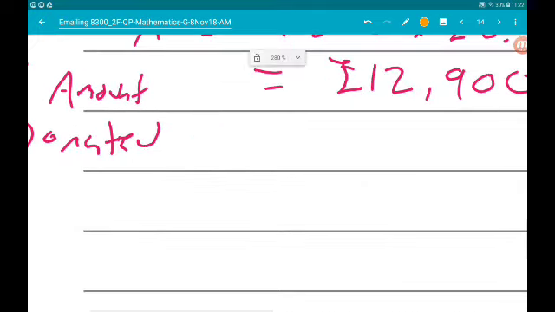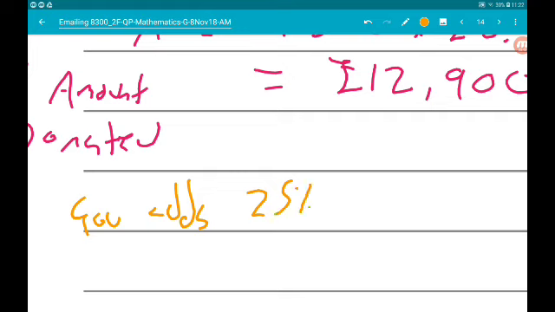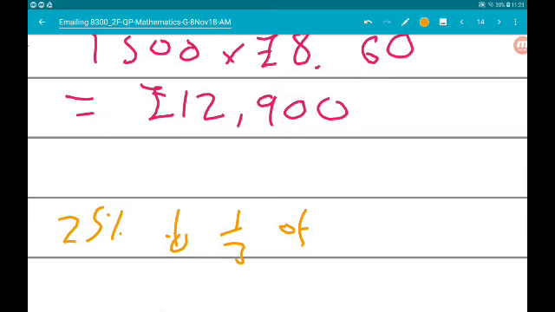So, the government adds 25% to 1/3 of 12,900.